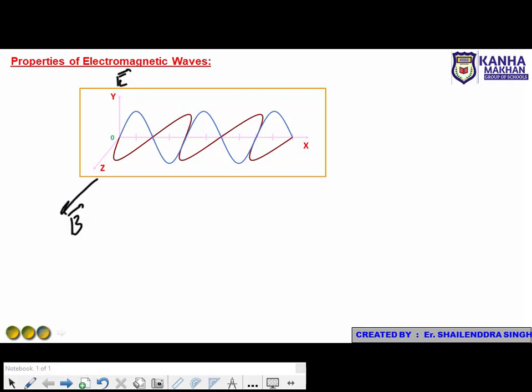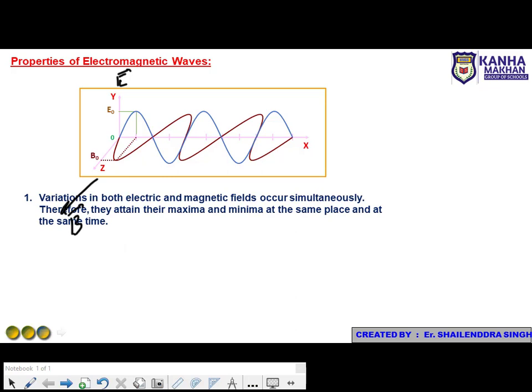Is it clear? In that situation, if this position represents the maximum electric field displacement, and here the magnetic field displacement, then both vectors will propagate in such a manner that the electric field will propagate along the x axis like that.